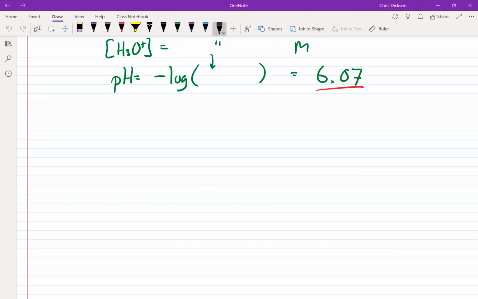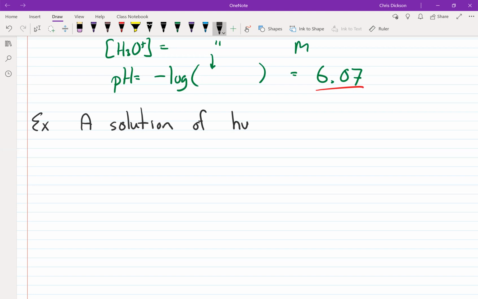So let's say you're told that you have a solution of, let's just pick a good acid here, how about, what's a cool looking name one?